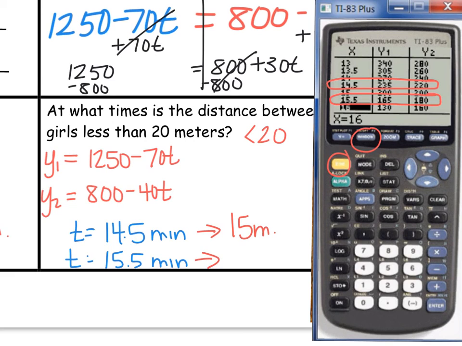The only thing I did there was subtract 235 and 220, and then 165 and 180. And sometimes to get the exact time, you have to go in and change your scale. Again, you do that by going to second and window and changing your x scale.